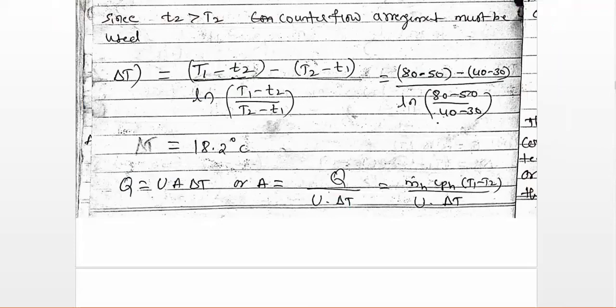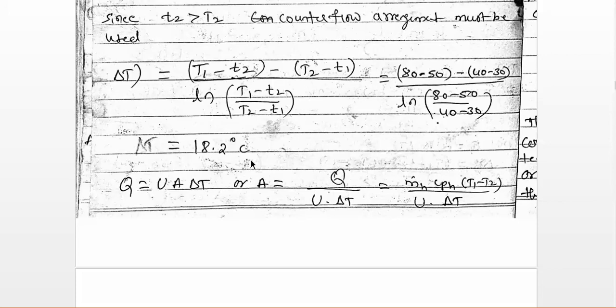Just substitute, we know all the temperature values of the hot fluid as well as the cold fluid, and get the value of delta T LMTD. So we'll get delta T as 18.2 degrees Celsius, the logarithmic mean temperature difference value.